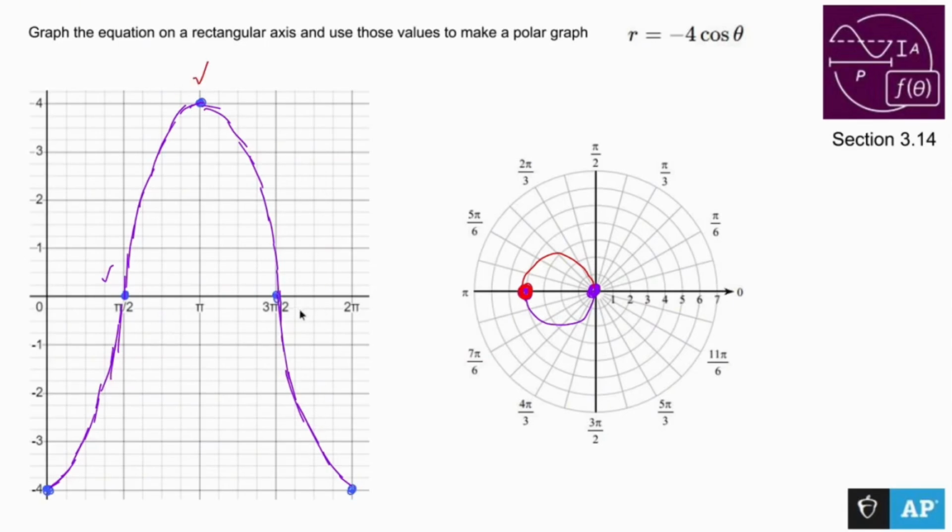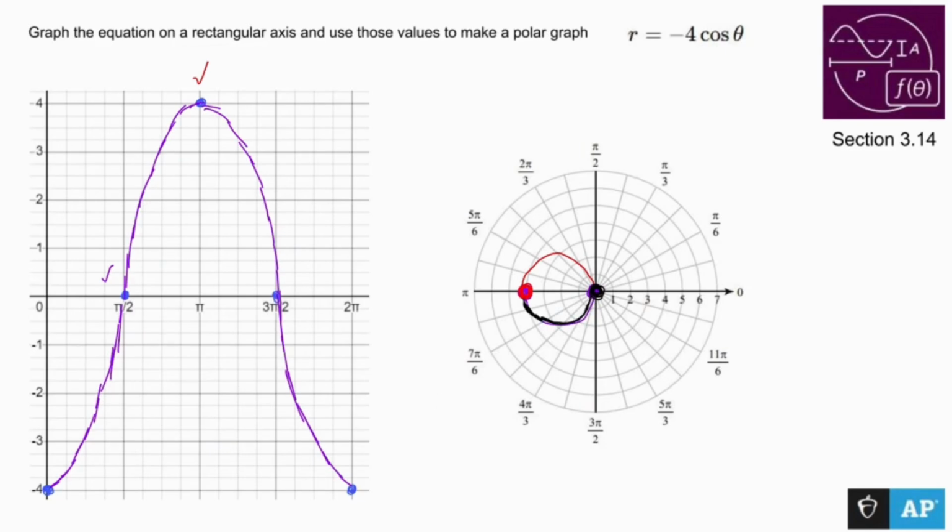At 3 pi over 2, which is down here, I'm at 0. So I'm going to go closer to my pole as I spin around clockwise. Wait a minute, I'm just covering my purple line here. Huh, that was a waste.